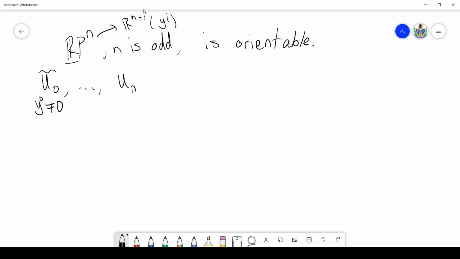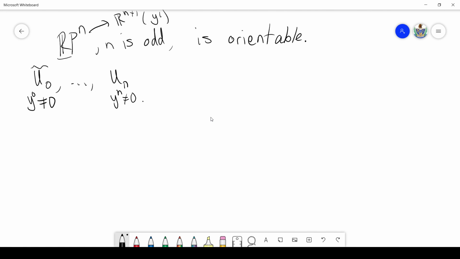So the chart U_0 is going to be all the points where y_0 is not 0. Similarly, the chart U_n is going to be all the points where y_n is not equal to 0. So what we do is on a chart U_q, where y_q is not equal to 0, we define local coordinates x_{q,i}, and here's how we'll define them.